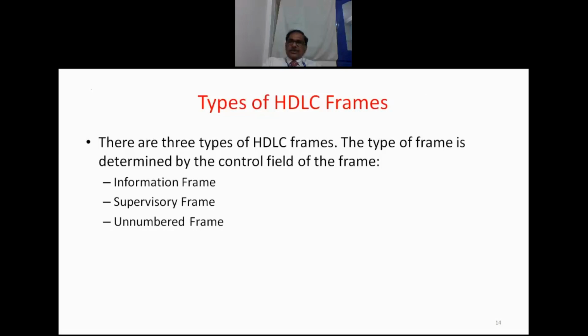The control field size is 1 byte, 8 bits. The remaining part of the frame we are not going to repeat again; only the control field part will change. The remaining fields stay as they are for almost all the types except the supervisory.